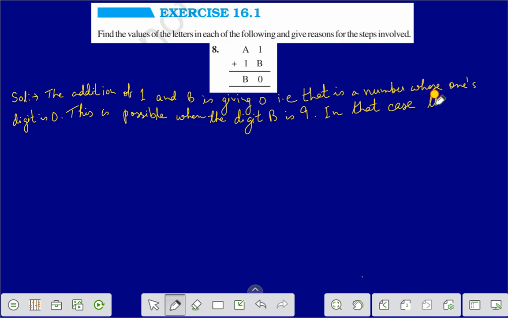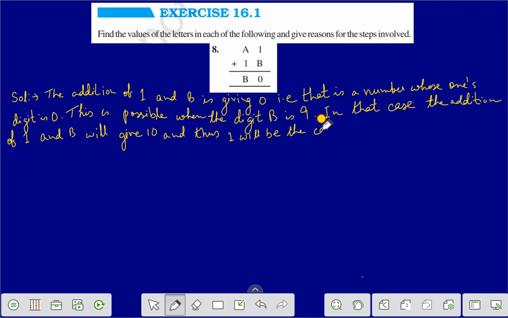the addition of 1 and B will give 10, and thus 1 will be the carry for the next step.